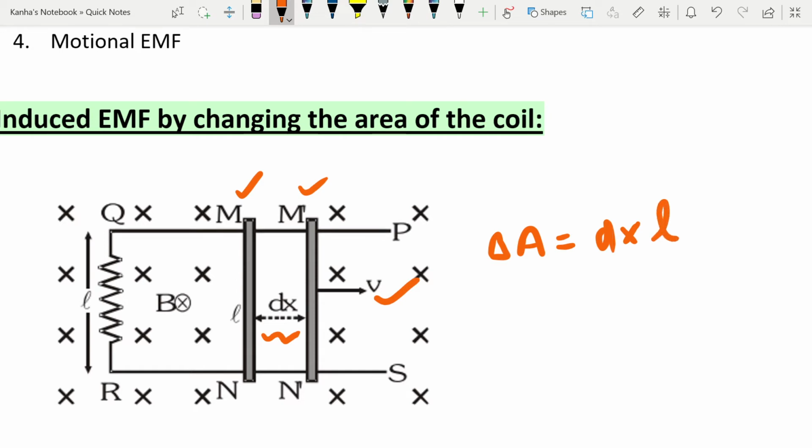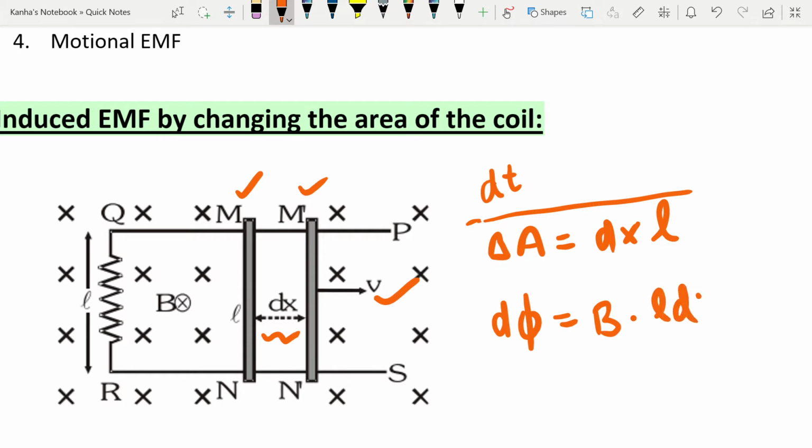Okay, and we know the change in the magnetic flux linked with the loop in this time dt. So in this time dt, there is a small change in area which is equal to dx times L. Okay, and we have that d phi is nothing but B times L dx, because the magnetic field is kept fixed here, we are only changing the area.